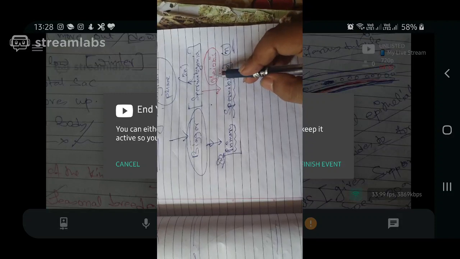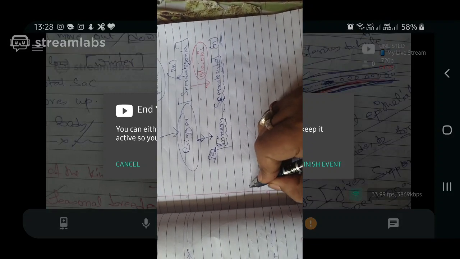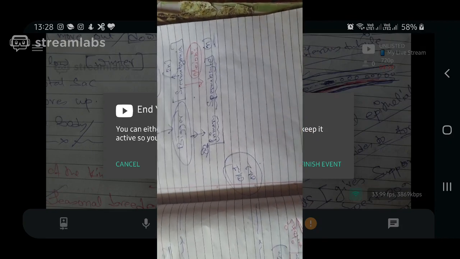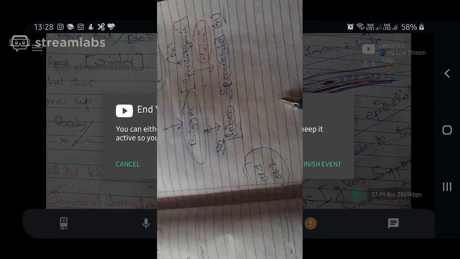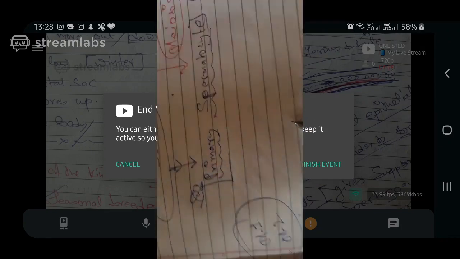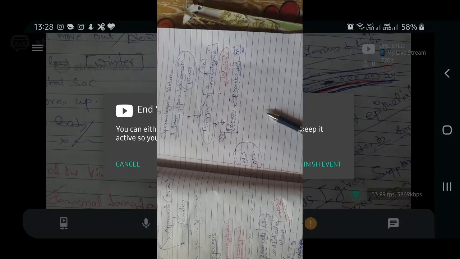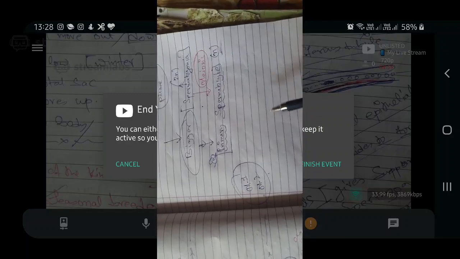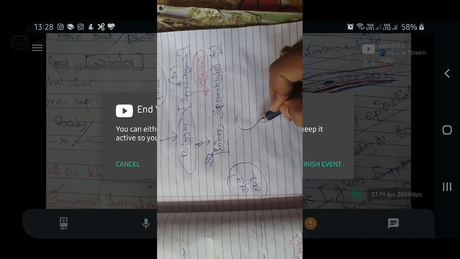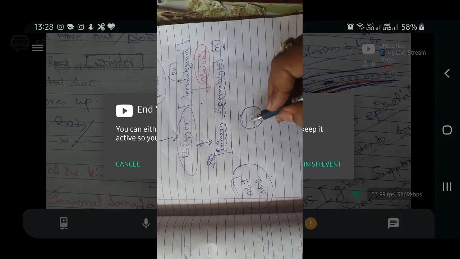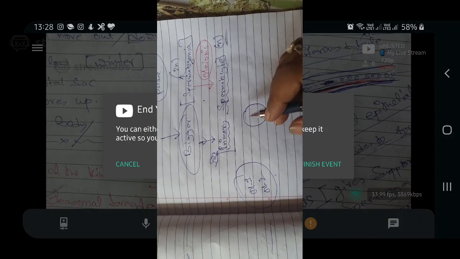In meiosis there are two steps, meiosis 1 and meiosis 2. You need to be very accustomed with the earlier video so that you understand how meiosis occurs. Suppose this is the spermatogonia.